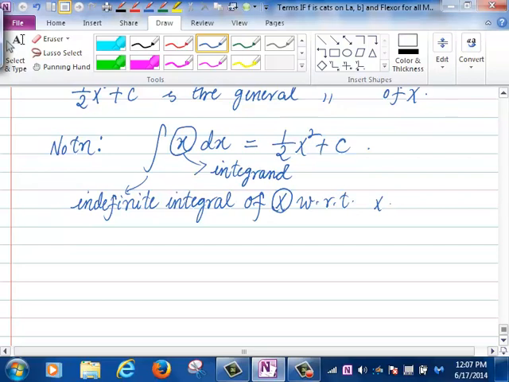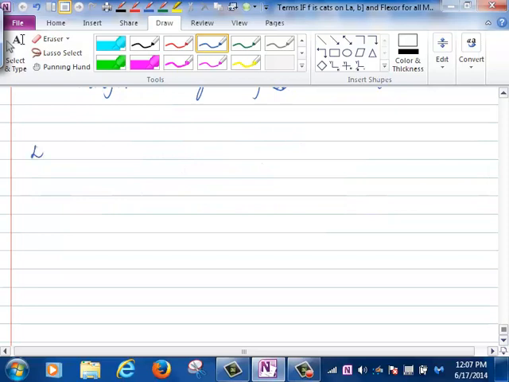All right. Let's do another example. If I ask you, what's the indefinite integral of, let's say, 3x squared? What's the indefinite integral of 3x squared with respect to x? What would you say?